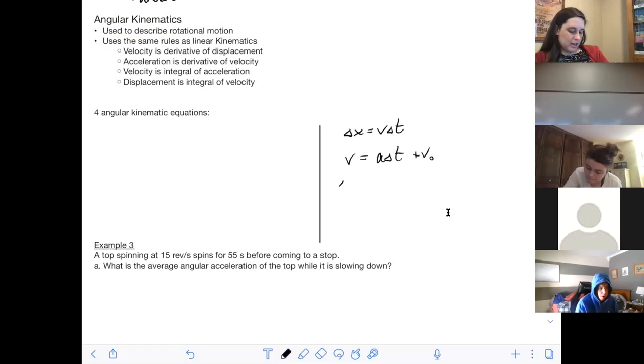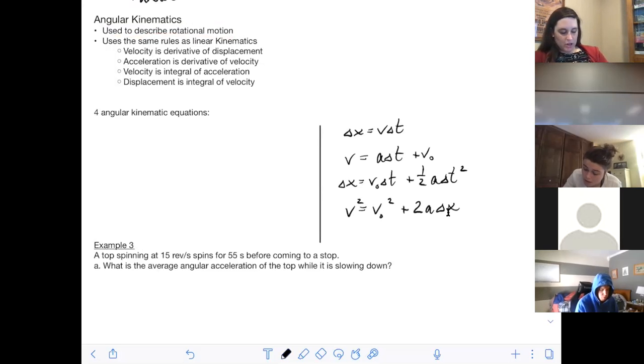We had delta x equals v naught delta t plus 1/2 a delta t squared. And we also had things like final velocity squared is equal to initial velocity squared plus 2 times acceleration times displacement, right? These look familiar to you guys, these linear kinematic equations.